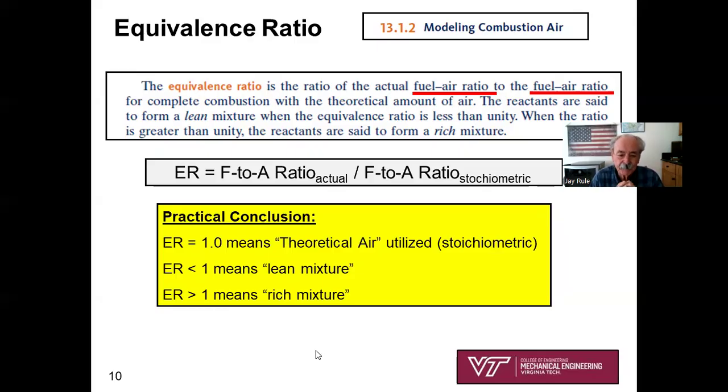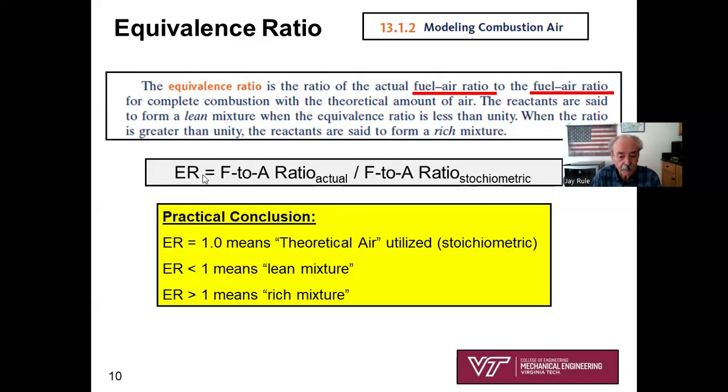So here's the definition of equivalence ratio. It's a little complex. It says it's the fuel to air ratio of the actual combustion divided by the fuel to air ratio for stoichiometric combustion for 100% theoretical air. So here's what this means. I think I've written a better formula than your book has.